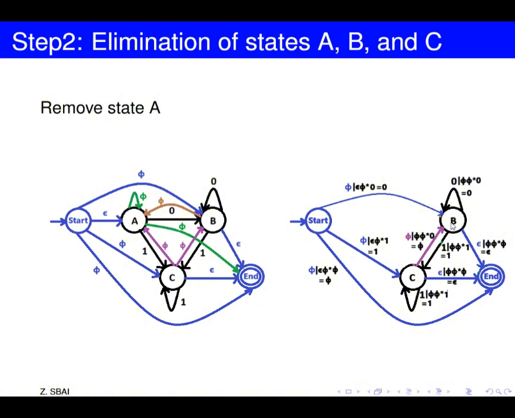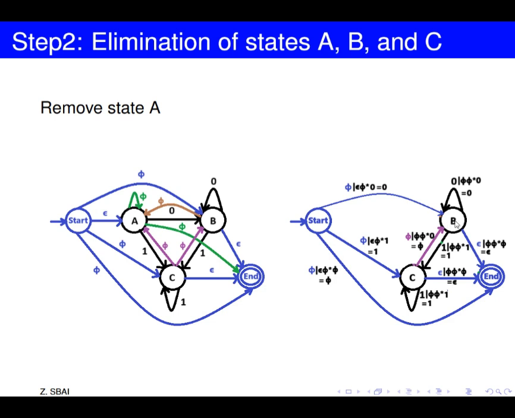For B, we can go to B itself via 0, or we can go to A and come back to B again. In this case, we will have empty set star, and 0. Okay, and the result here will be just 0.